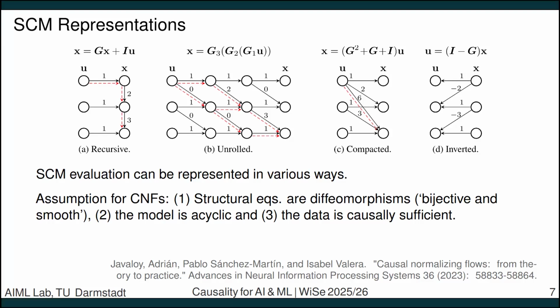And this input and output is usually done for every variable equally at every step. So instead of doing a recursive step, we can look at unrolled representations of SEMs.